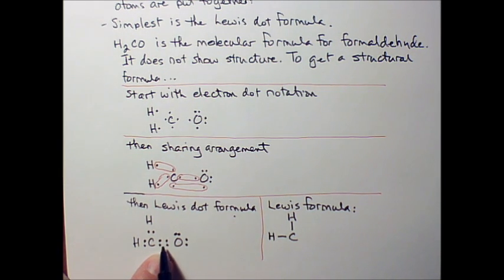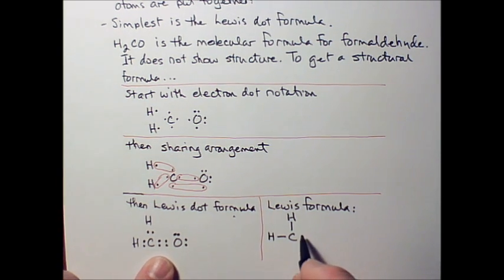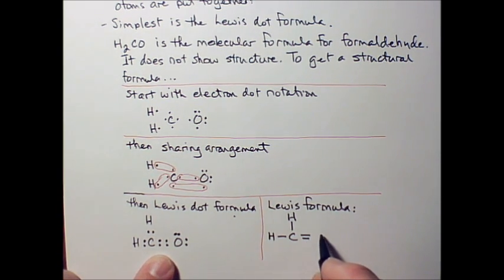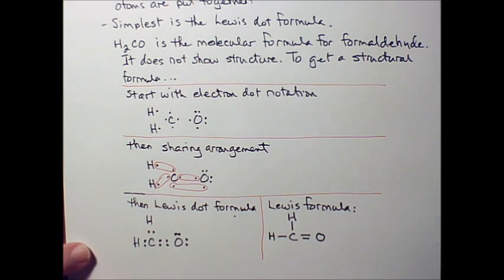Now these 4 electrons make 2 bonds. Any shared pair is a bond, so there's 2 bonds here. So here we need 2 lines. The lone pairs have to stay there. You just simply draw those as dots. Lone pairs remain as lone pairs as dots.